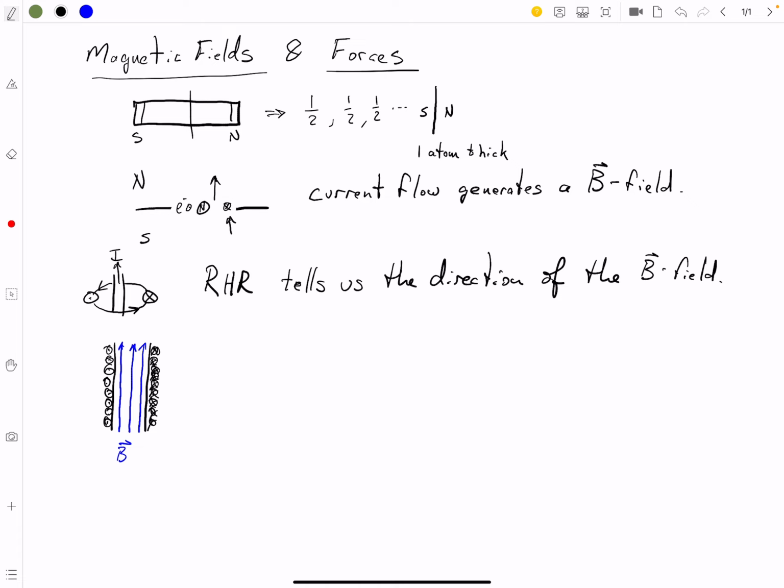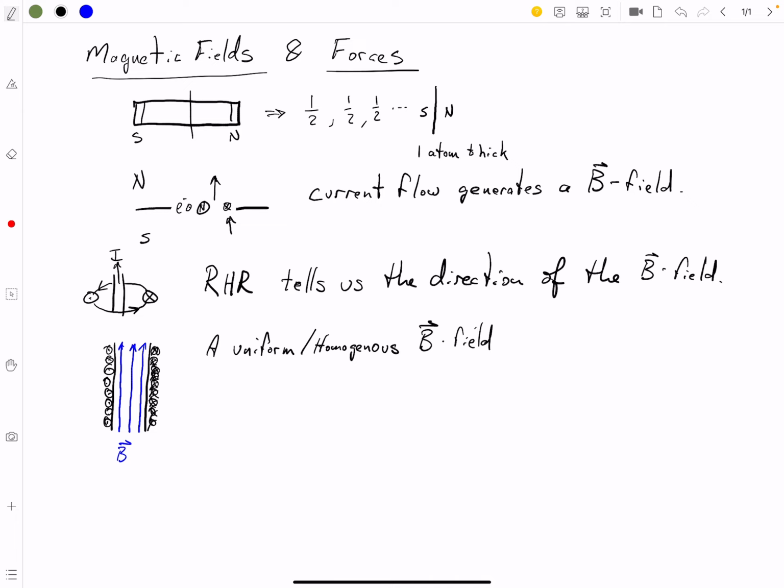So this would be producing a uniform, homogeneous B field. Okay.